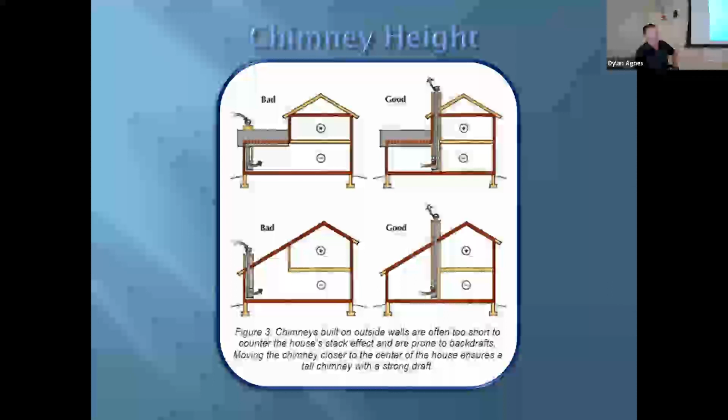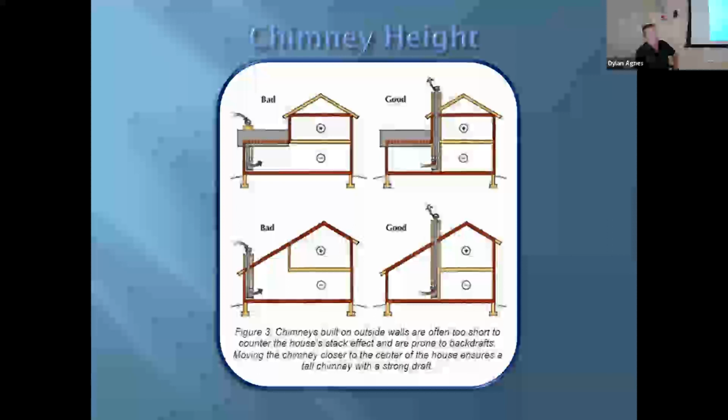In this first drawing, if you look at the top left, you can see the chimney is below the top of the second floor. And so you have more stack effect higher in the room than the chimney is. Again, if you're positive here, you're negative here, and the height of the chimney plays a factor in that.